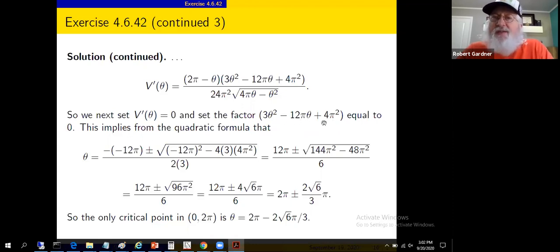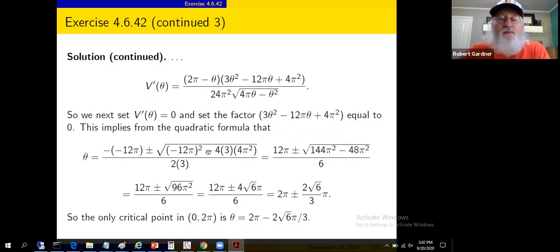Okay, you've got thetas instead of x's, but I can still apply the quadratic equation, and we get theta equals negative b, the coefficient of the first power, which is negative 12 pi, plus or minus the square root of b squared minus 4ac. A is 3, c is 4 pi squared, all divided by 2a, and a is 3.